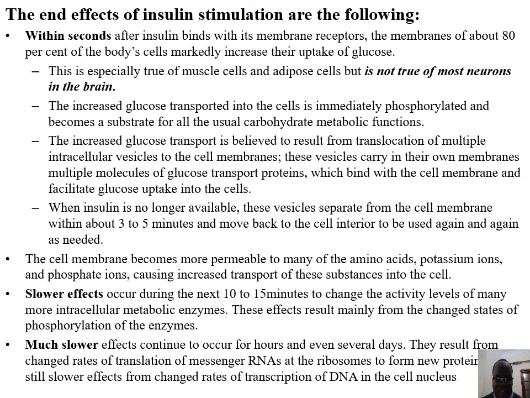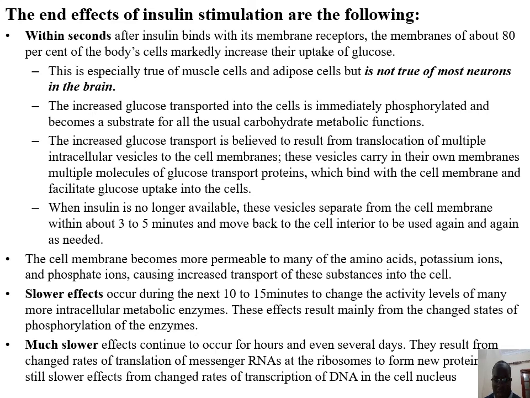We have the slower effects and the much slower effects of insulin. The slower effects occur during the next 10 to 15 minutes to change the activity level of many more intracellular metabolic enzymes. These effects result mainly from the changed state of phosphorylation of the enzymes. So once those enzymes are phosphorylated, they can continue having an effect on the cell. The much slower effects continue to occur for hours and even several days.